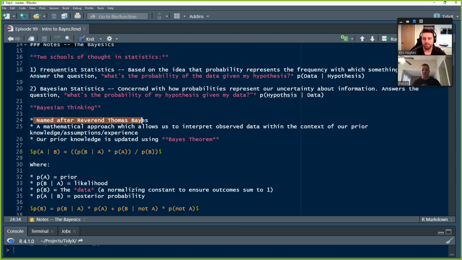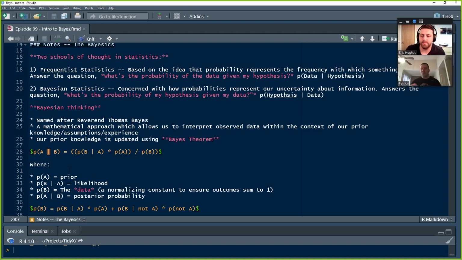It's named after Reverend Thomas Bayes. It's a mathematical approach which allows us to interpret observed data within the context of our prior knowledge, assumptions, or experiences. Our prior knowledge is updated using what's called Bayes' theorem, which is a way of organizing conditional probabilities. That's what the vertical bar means; it's spoken as "given."